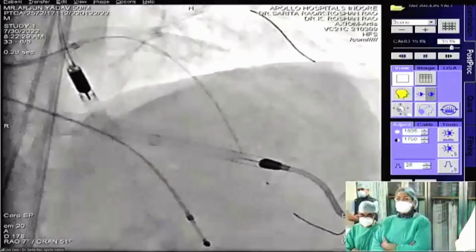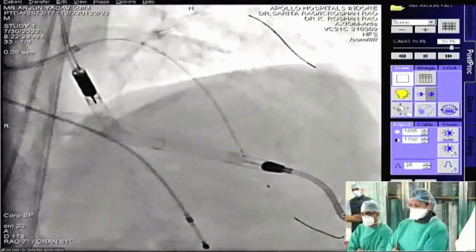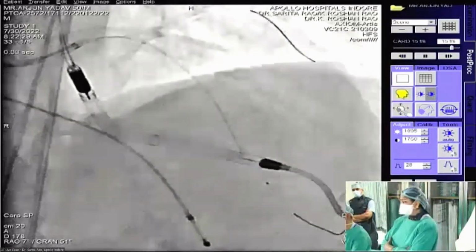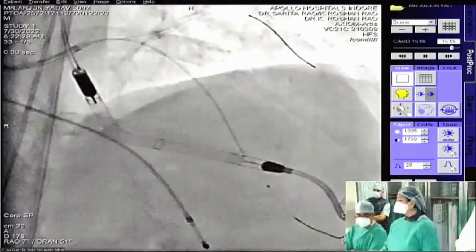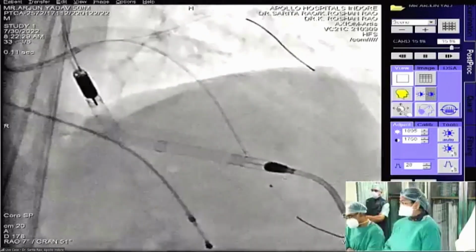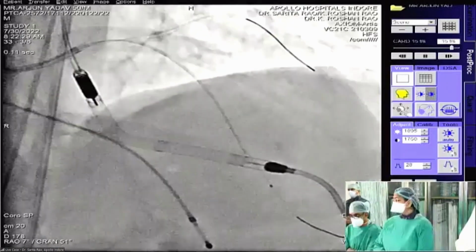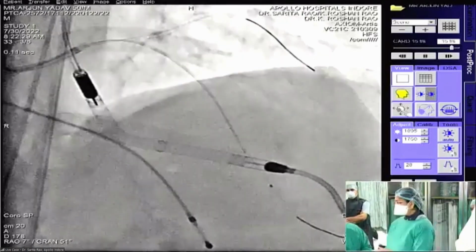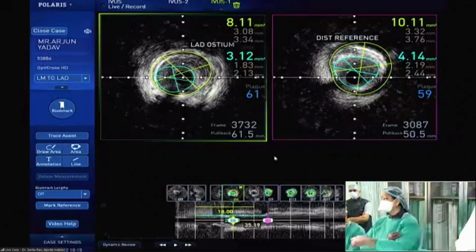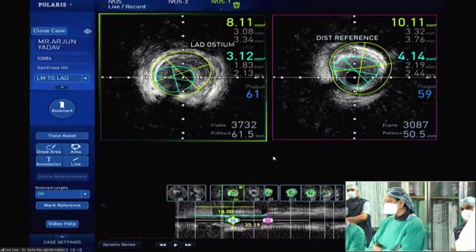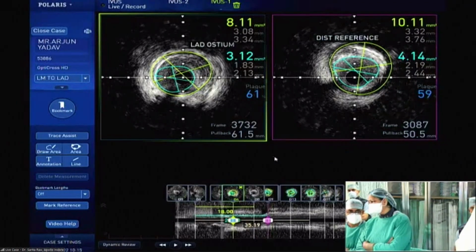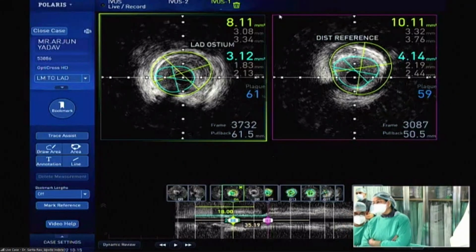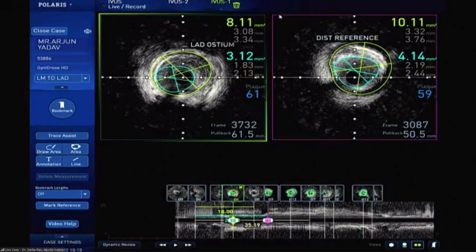Now, this is an IVUS run which we are taking in the LAD to left main. Can somebody focus on the IVUS screen and show the IVUS findings? Keyur? And Sanjay, can you tell? So, can you see the IVUS?